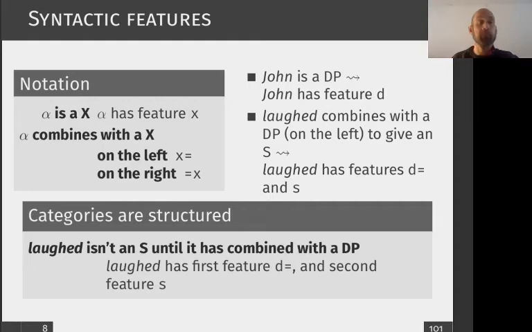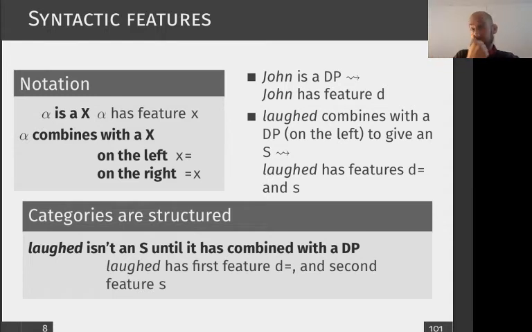Okay. So this slide is busy, right? It has a couple of different things. There's a notation box. Okay. Let's look at the thing to the right of the notation box, which is supposed to be an example. So John is a DP, right? That's going to be reified here as John having the feature D. Okay?